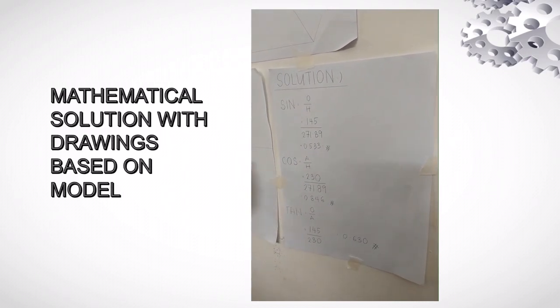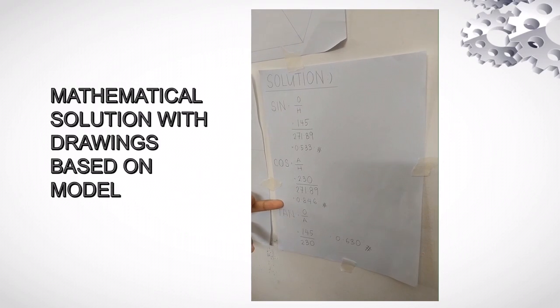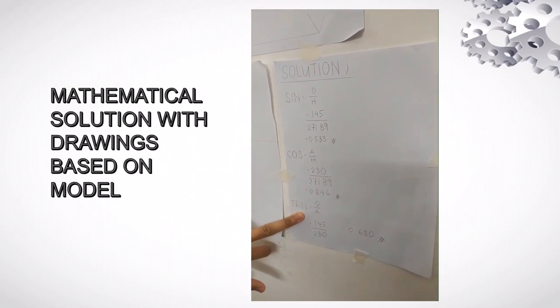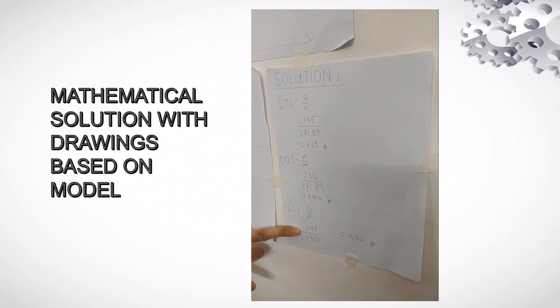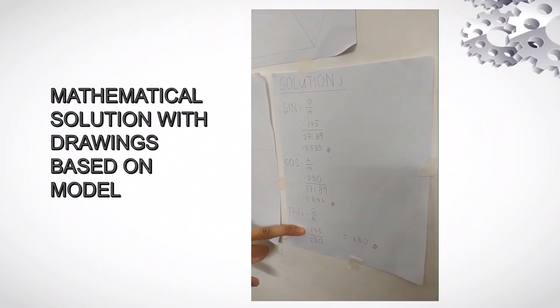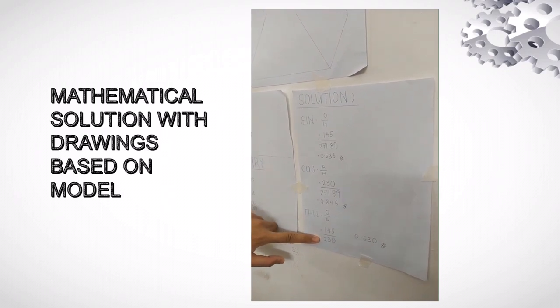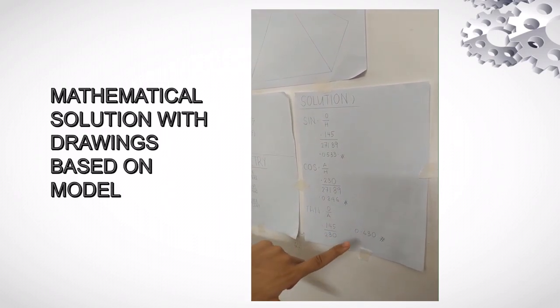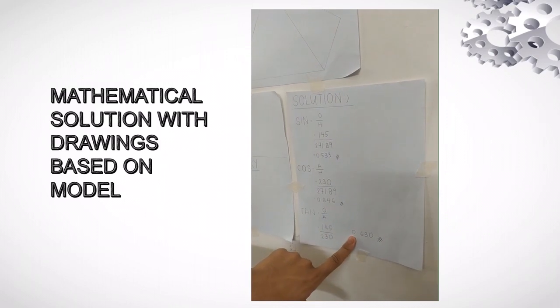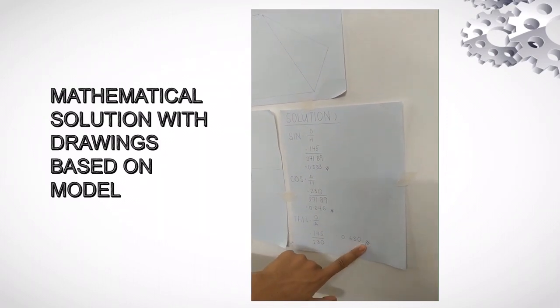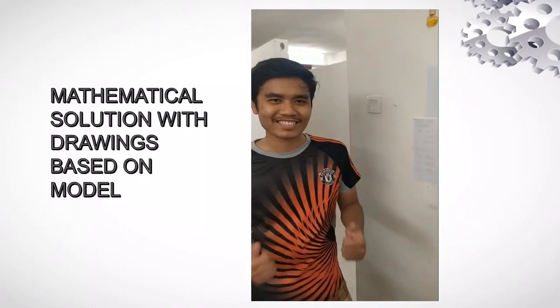And then we get the answer 0.846. For tan, we use opposite over adjacent. For opposite is 145 and adjacent is 230. And then we get the answer 0.630. And then thank you.